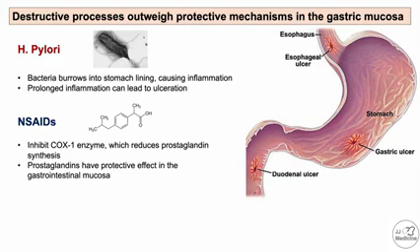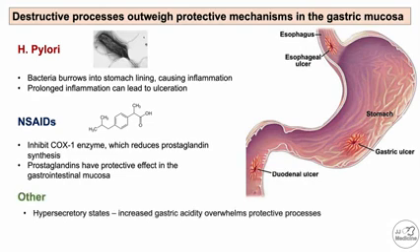So if you are reducing the production of prostaglandins by taking NSAIDs like ibuprofen for prolonged periods of time, you're going to reduce your protective mechanism. So the destructive process is going to outcompete that protective mechanism. And some other important causes to note include the hypersecretory states like Zollinger-Ellison syndrome.